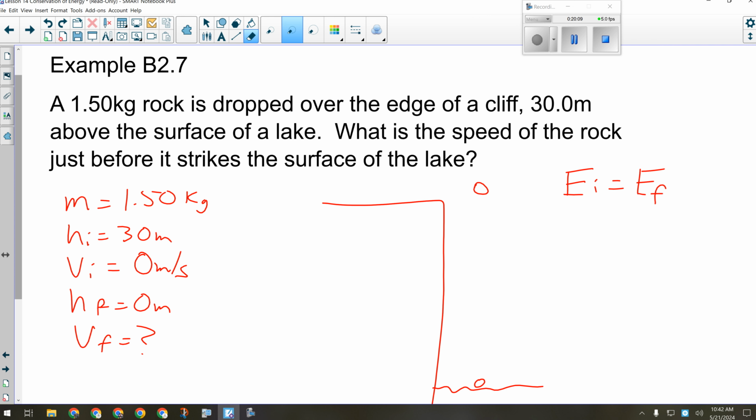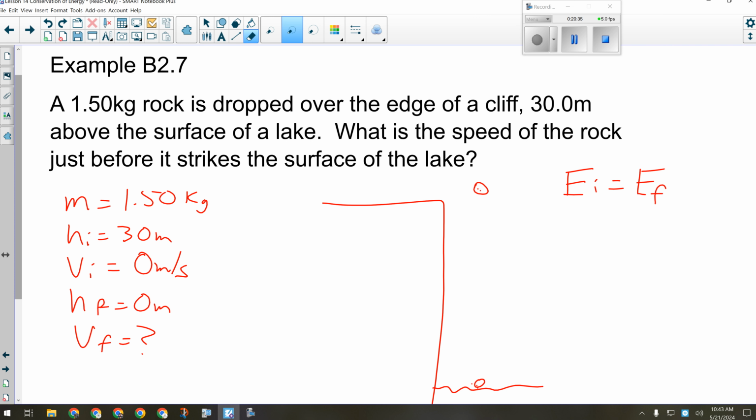What kind of energy does the object have right here? Potential. What kind does it have here? Kinetic. The potential turns into the kinetic. There's no work done. There's no energy added. Energy can change without work being done as long as it changes from one type to another. Everybody follow me there? And that's what's going on here.